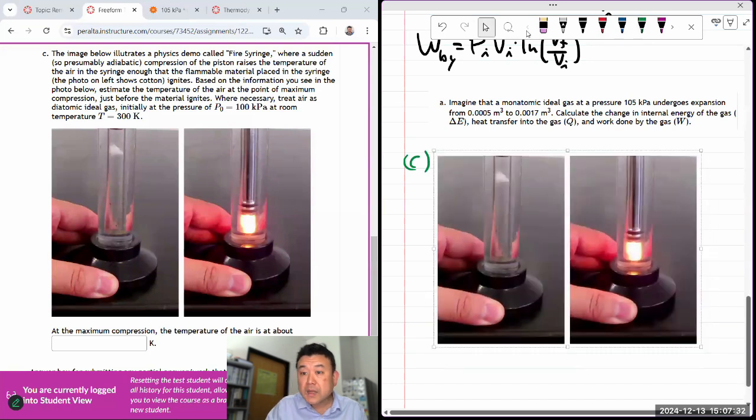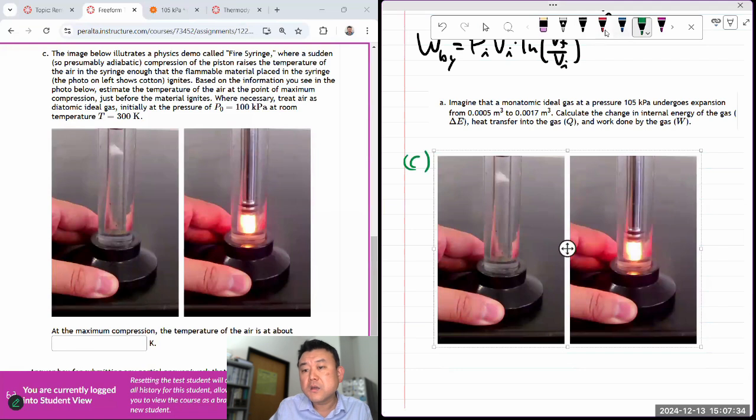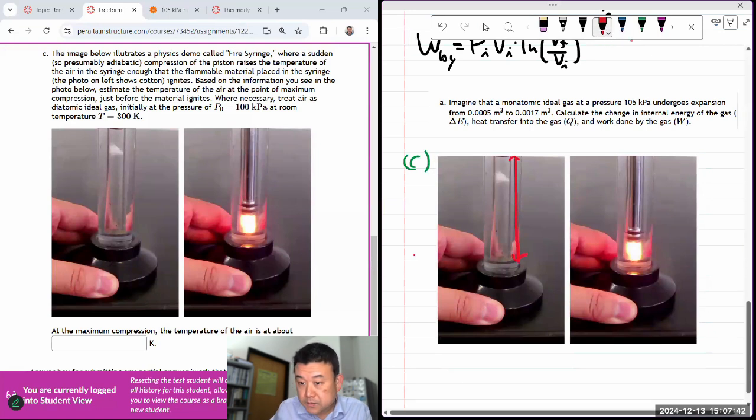I can use the ratio of the height of the column, I think, because the cross section probably remains constant. So let me get this as a measure of how high this final column is, and I'm going to copy and paste it in.